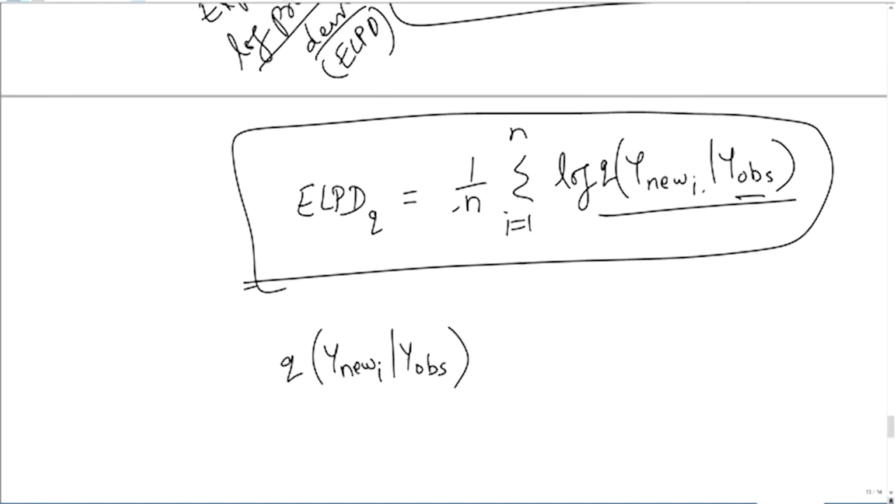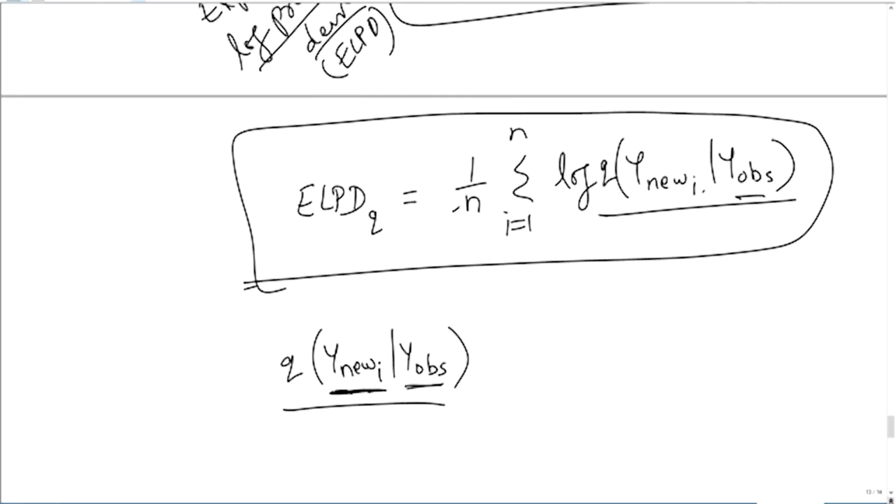This term is how well you can predict this future data point y new i, given that the model has already been trained on y obs. Basically, this compares the posterior prediction of the model against the actual observed data point y new i. So how do we calculate this?